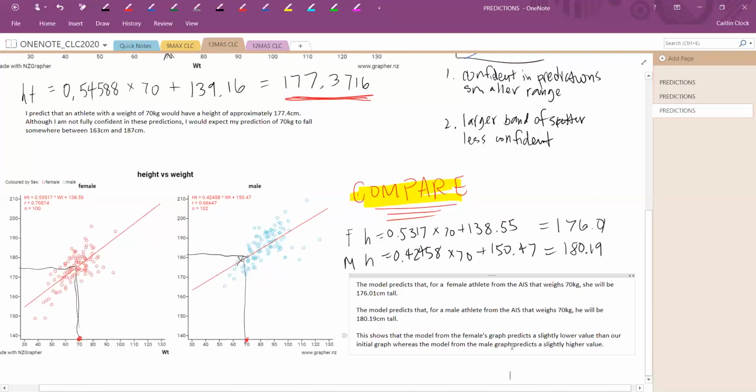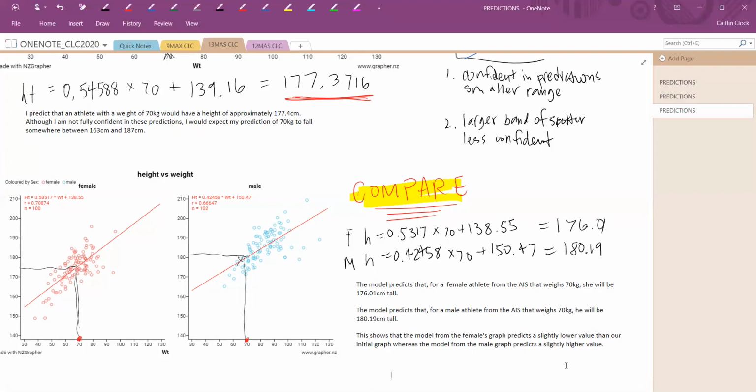And then it is also comparing them to each other, because obviously if the one is lower than the initial graph and the one is higher, then one's higher than the other. Okay? So that is a very important statement, because you are now making a comparison. Whereas if you are just making the first two statements, you're just doing the same skill as you've done before. So the third sentence that we've written is really important, because now you're looking at it in a deeper way and you are now comparing.